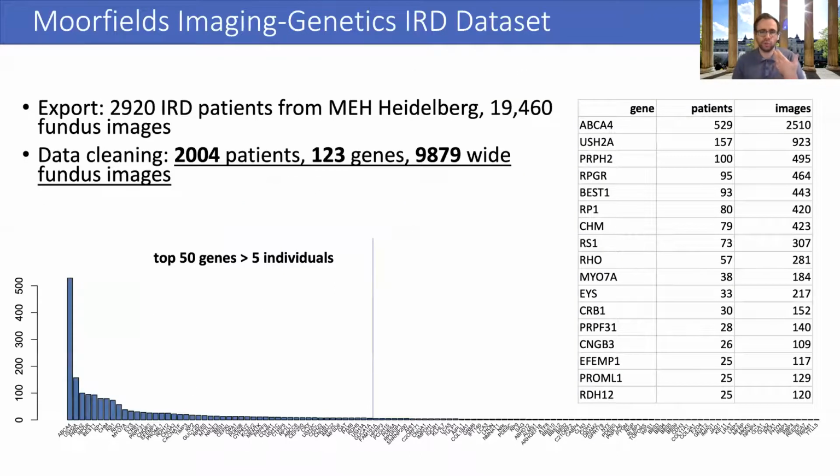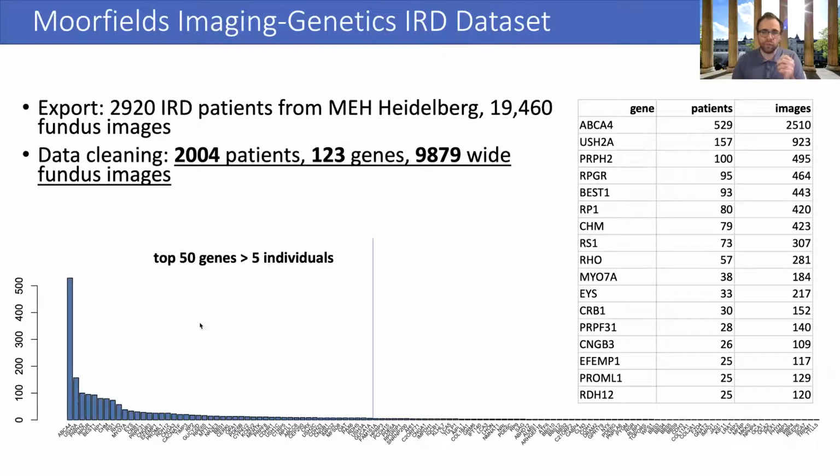In order to develop and train such an algorithm, we need large amounts of genetics data with imaging data. Thankfully, at Moorfields, we have one of the largest data sets of IRD patients, along with imaging. And these are the numbers we have.